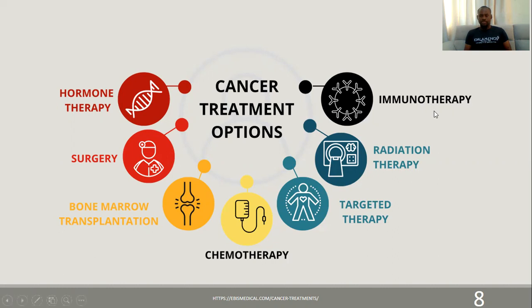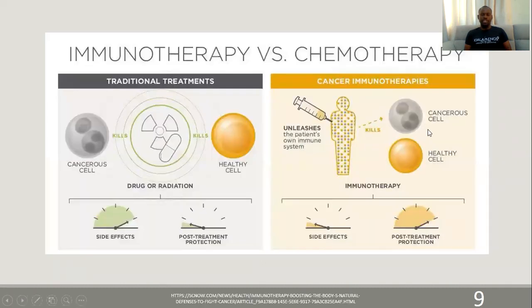immunotherapy. With immunotherapy compared to other different forms of treatment, immunotherapy does not attack healthy cells. It only kills cancerous cells, and it gives the body protection after treatment, and it has limited side effects. And this cannot be said for other treatments. Other treatments don't provide protection for the body after treatment.